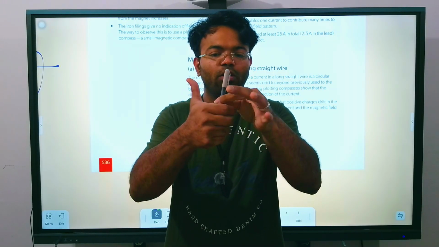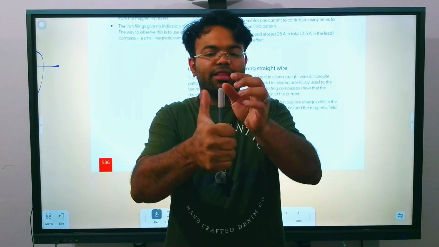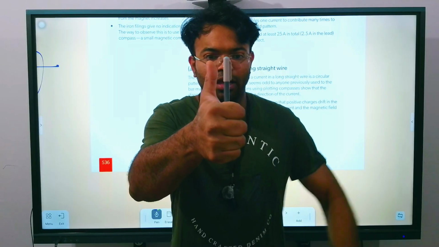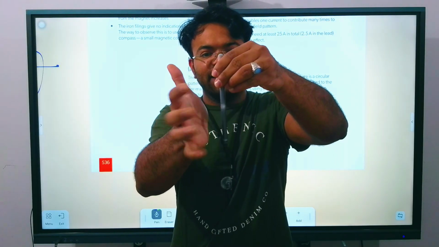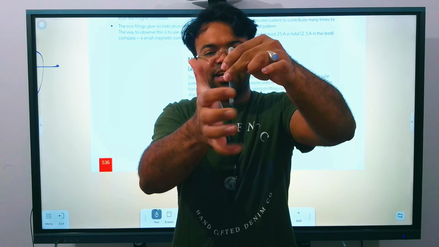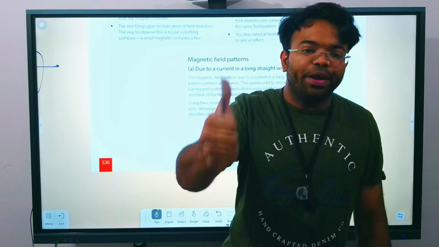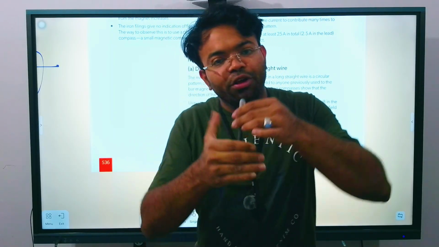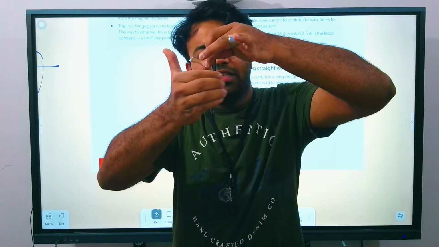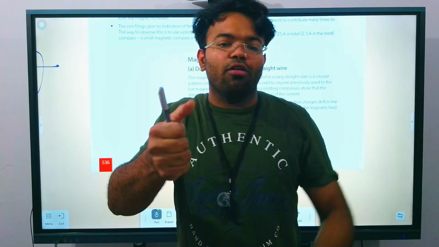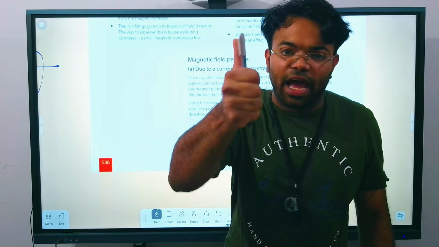If I hold the cap like this, the thumb is pointing to the direction of current, so the fingers that are curling like this will give us the direction of the magnetic field produced by this wire. So what do you observe? You observe that there is a cylindrical magnetic field around this conductor carrying current.